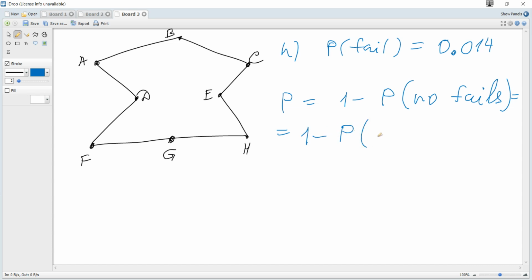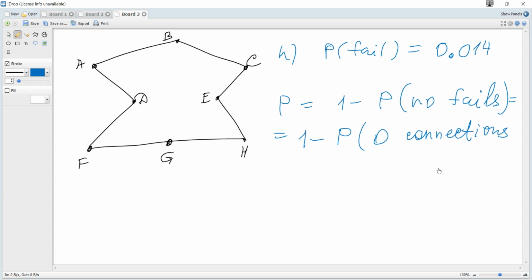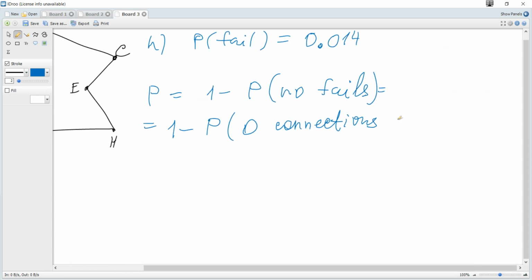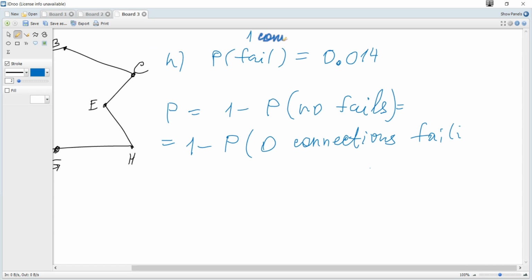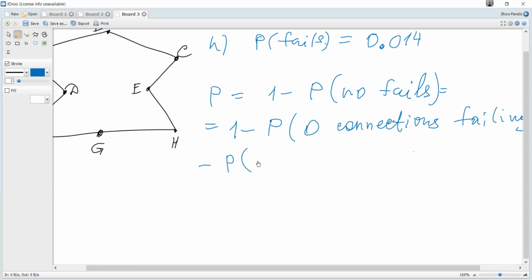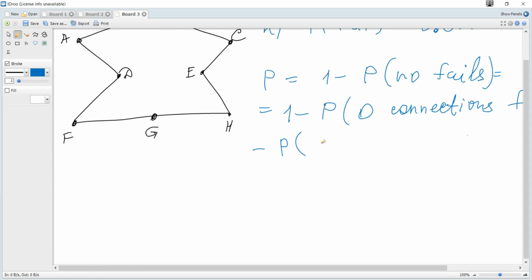Probability that zero connections fail, or one connection fails, or minus probability of one connection fails. What does it mean?